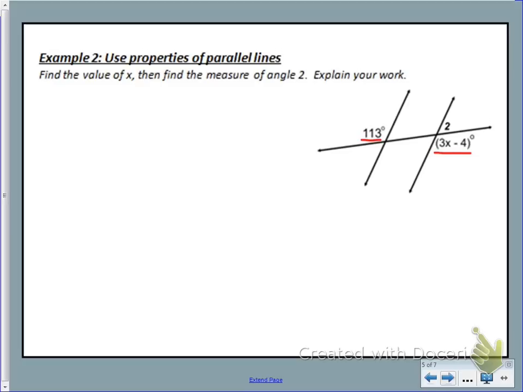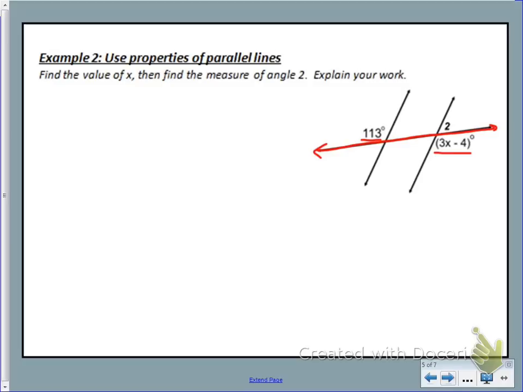The first thing I need to do is classify those angle types. Are they consecutive interior, alternate exterior, corresponding, and so forth? Since these are on different sides of this particular transversal, they're alternating, and they're both exterior angles. So this 113-degree angle and the 3x minus 4 are alternate exterior angles.